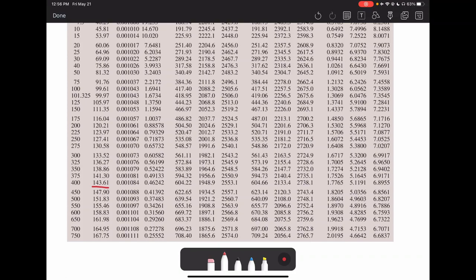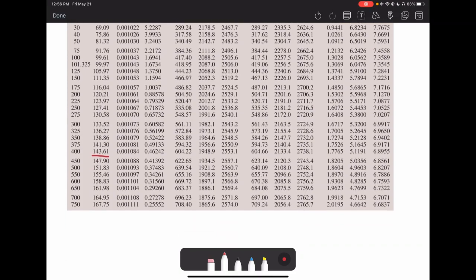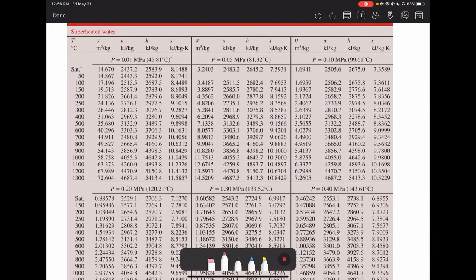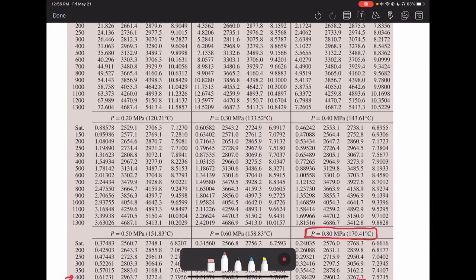So we know we have a superheated vapor once again. And we can go to table A6 once again to try and figure out HE. If we go to table A6, we can go to pressure now of 0.4 megapascals, and we know that our temperature is 375. So we know that our value for HE is going to be between these two values.